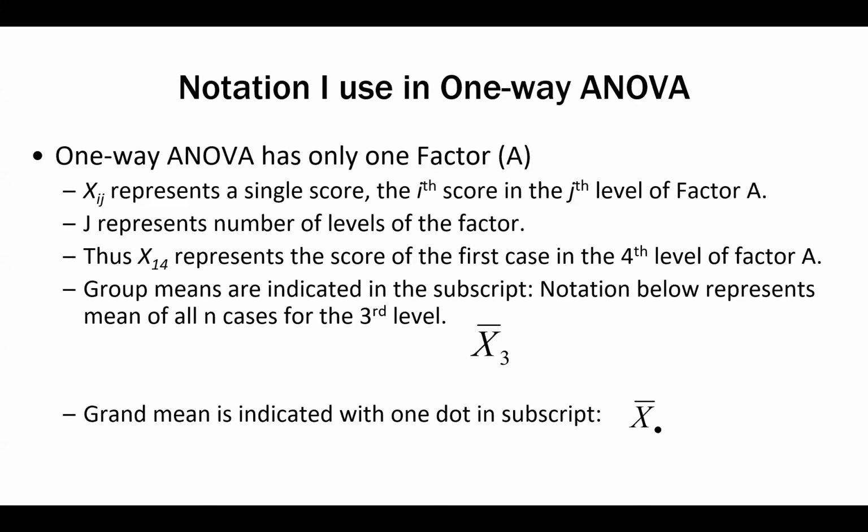And the grand mean is indicated with one dot in the subscript for the mean. Grand mean means the mean score for all cases in the data set, regardless of group membership.